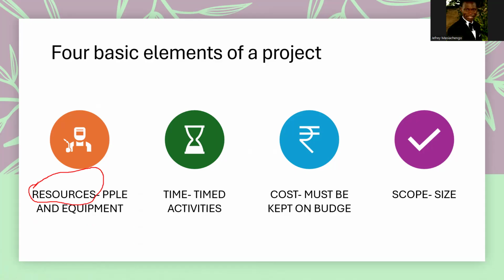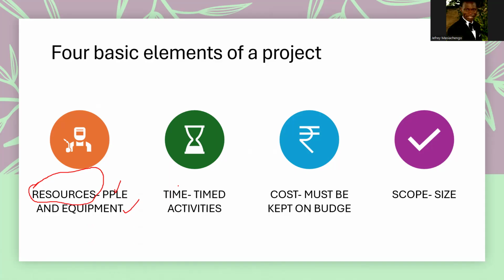Scarcity is a concept that you should not ignore when you're doing a business. Resources are very much limited, but what we want is unlimited. So you need to be in a position to manage people and equipment. If you fail to manage the people and the equipment, you might fail to deliver the deliverables of the project.